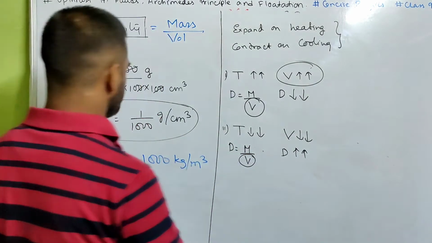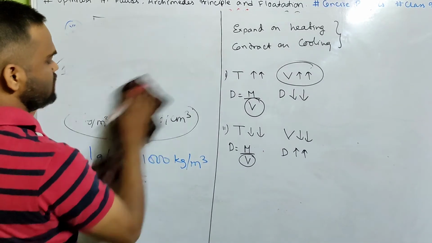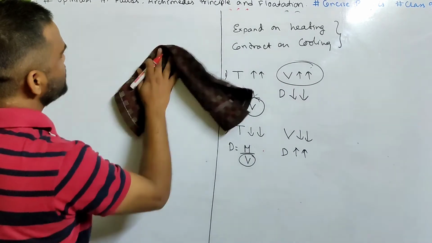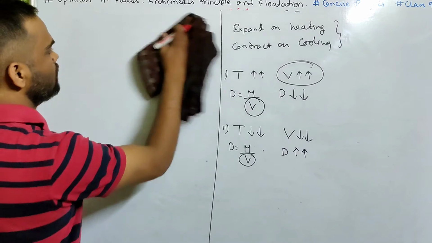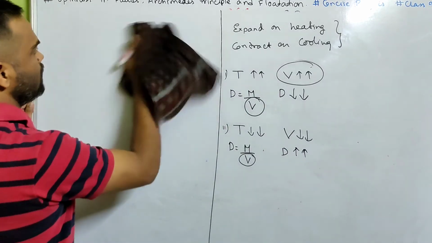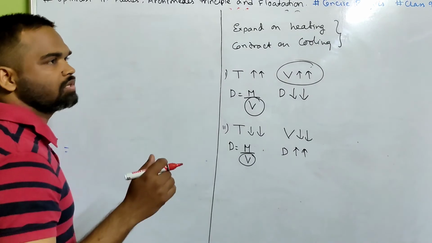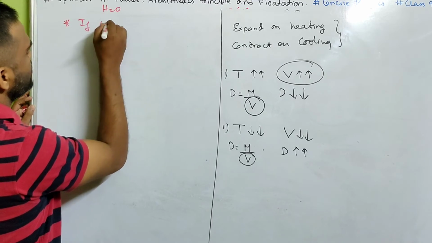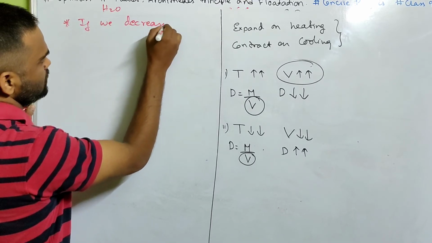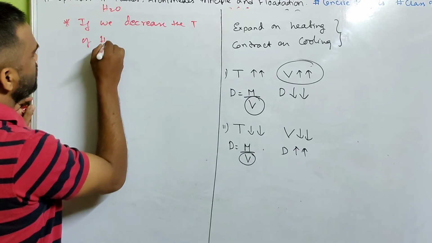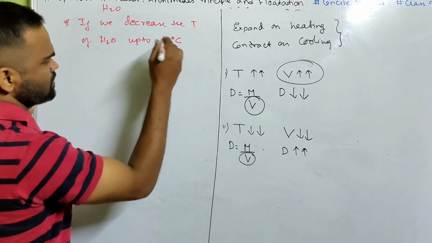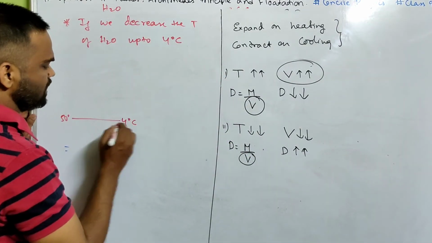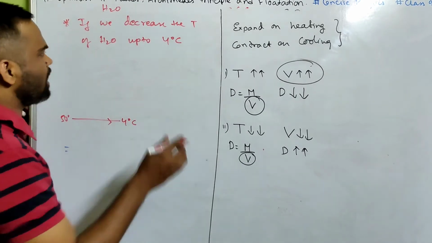Now, special mention for water. Now let us look at, we have all done in previous classes, anomalous expansion of water. What it was that if you decrease the temperature of water up to 4 degrees centigrade, suppose it was at 50 degrees centigrade and we brought it to 4 degrees centigrade, we are decreasing, then what happened?